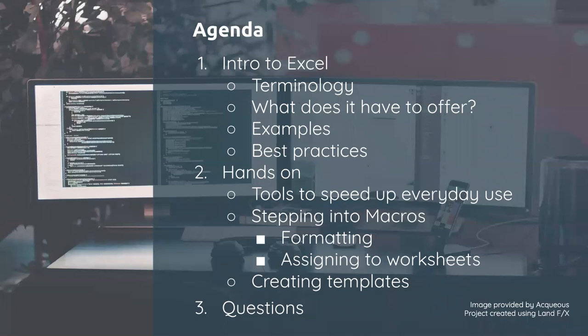Then we're really going to get to make some macros, understanding what that means, and some general tools to speed up your everyday use of Excel if you're already in that stuff. And if we can get to it, we'll talk about creating some templates, and even how to copy and reuse some macros to other worksheets and stuff like that.